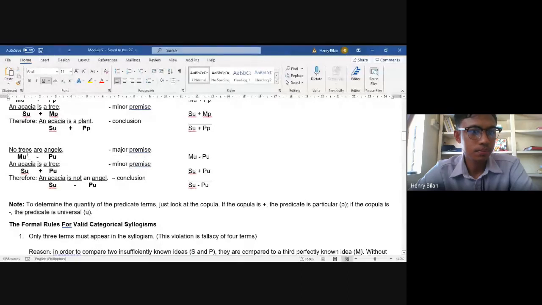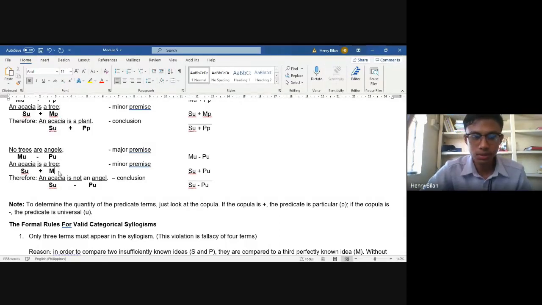Middle term, trees. Mali ito. Dapat, then it is supposed to be P. MP. M. P. Then we already identified our terms.